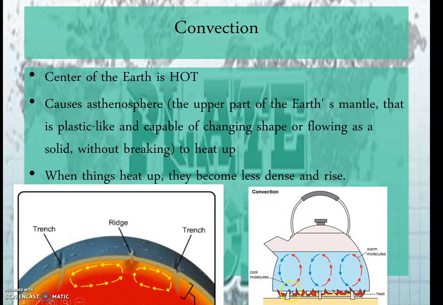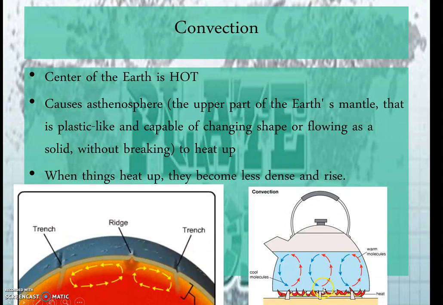We have the heat down here, that represents the core of the Earth. Then we have the cool air up here, which is the same as the cool air and water that surround the Earth. So the center of the Earth is hot, just like this flame. That causes the asthenosphere, the upper part of Earth's mantle, that is plastic-like and capable of changing shape, to heat up.